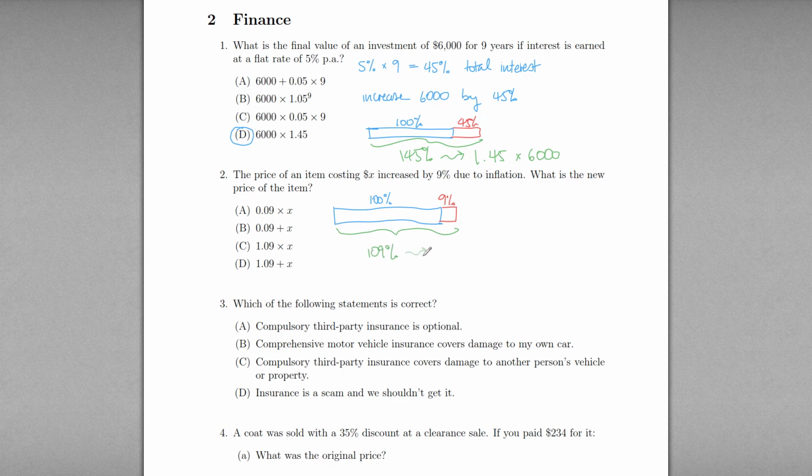Okay, and that leads to 1.09 as a decimal of the initial price, so whatever X was. So that gives you C as your answer. B and D are adding, it's nonsense. A is the inflation amount, but not the final price.